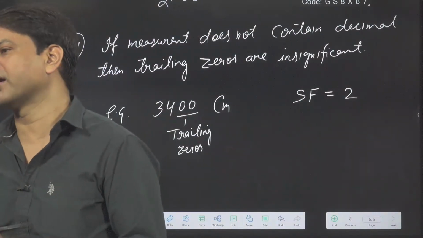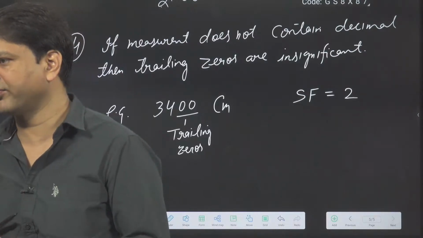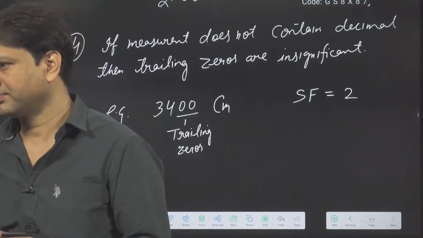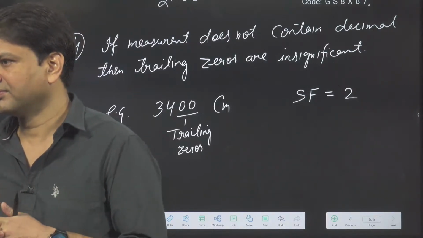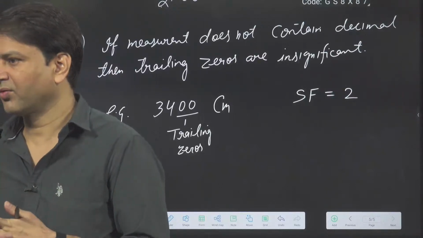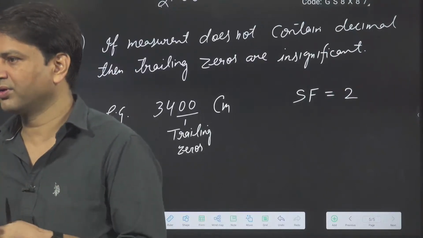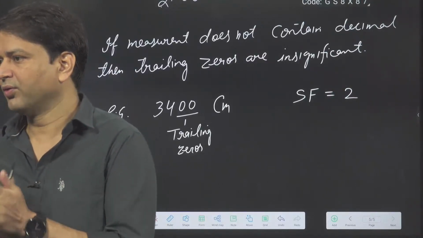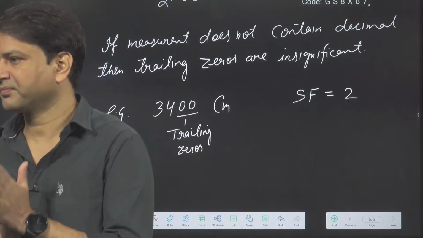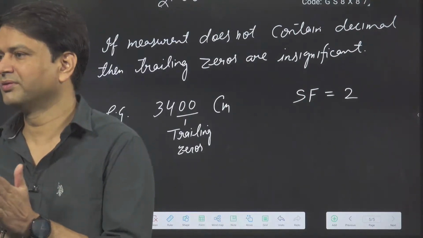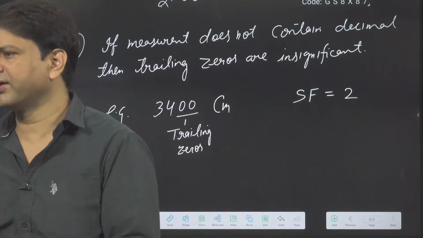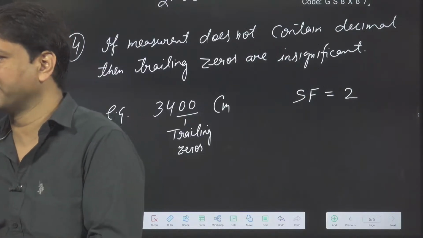Like 2400 centimeter, if I am writing, how many significant figures are there? One, two, four, 2, 4, 2. Now I will say why somebody is saying 4 and why somebody is saying 2.